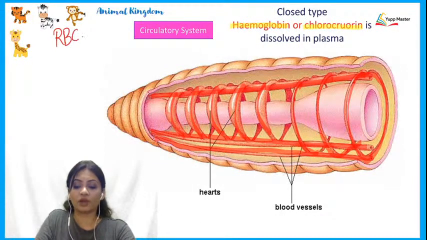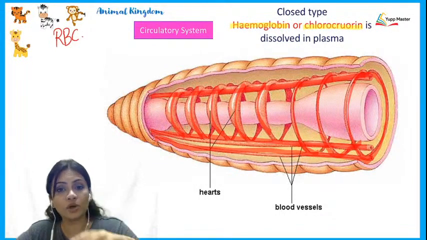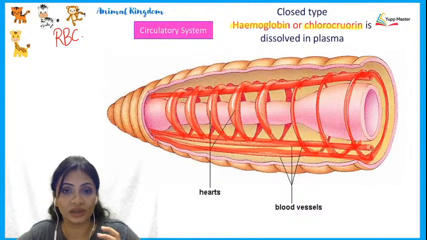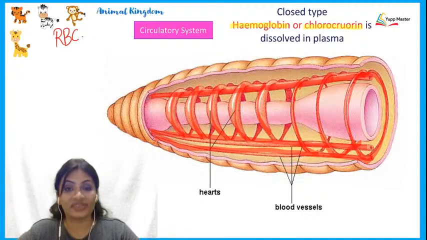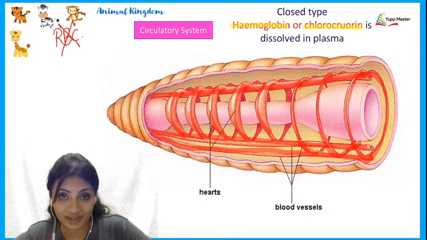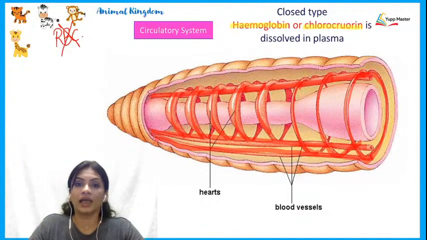Okay. So we always see that in our body, in the humans, in the chordates, hemoglobin is generally found in the RBC. But when we're talking about an annelid, this hemoglobin is not found in the RBC. Then where is it? This hemoglobin is a pigment which is going to be found in the blood.